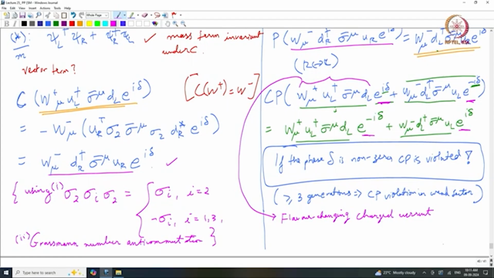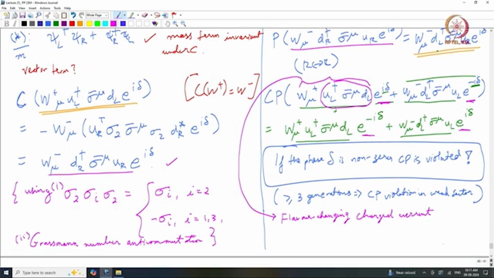This is a current because you have to think of that part alone as a current. You have a fermion number flowing from the UL dagger to a DL. That is what people mean by a current, right? And then you have some Lorentz structure in between. In this case, it turns out to be a vector structure.